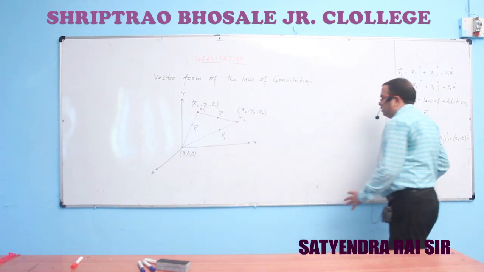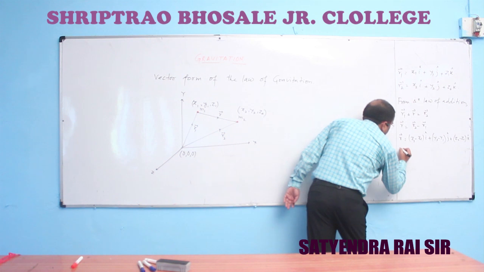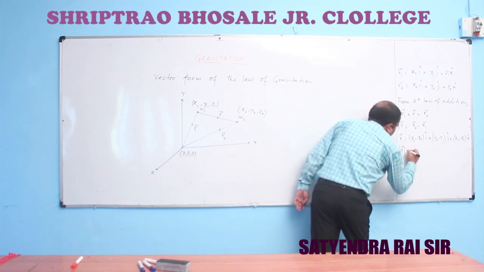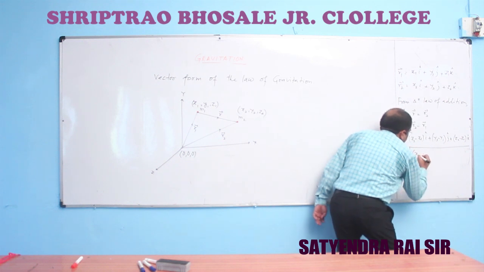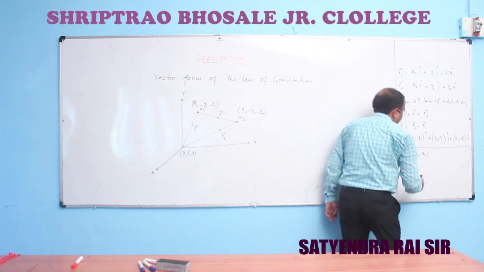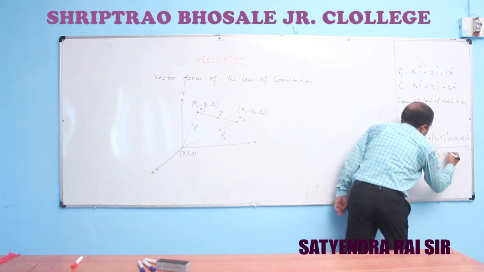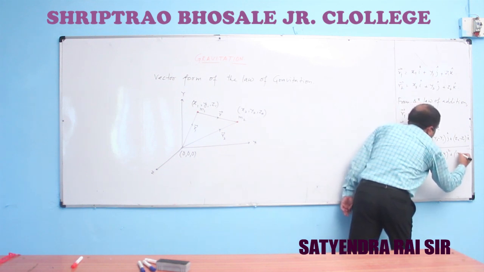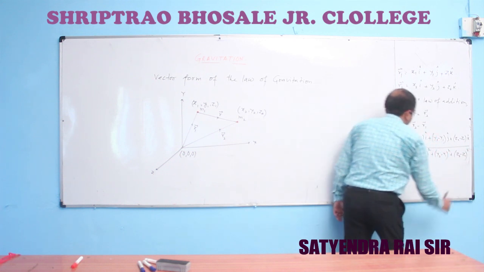Similarly, in the chapter on vectors, we have learned to write down the magnitude of a vector. So mod of R is the square root of (x2 minus x1) whole squared plus (y2 minus y1) whole squared plus (z2 minus z1) whole squared.